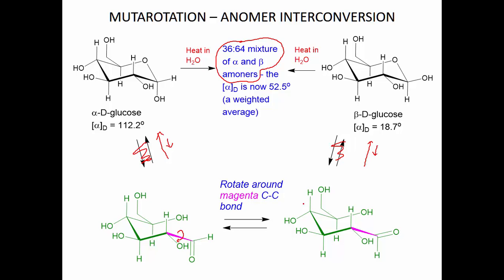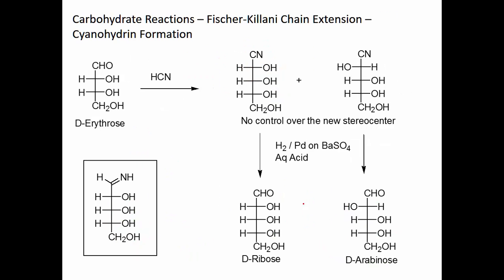Even though we start with the pure alpha, if we expose it to conditions that are going to interconvert the closed chain and the open chain forms, we're going to see the net result is that we're going to interconvert alpha and beta, and eventually an equilibrium is reached, and it's 36 to 64 in this case.